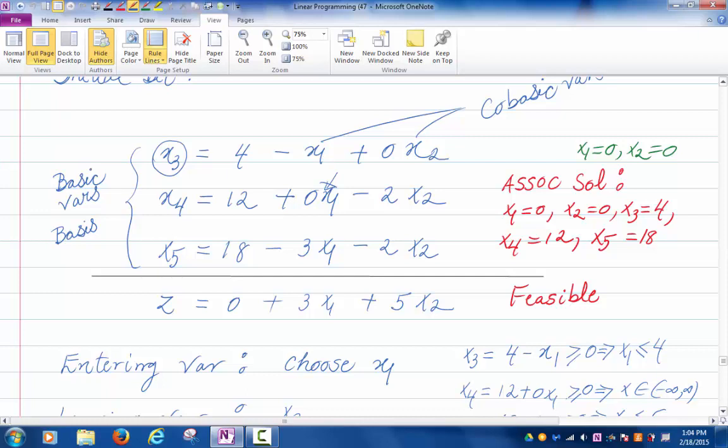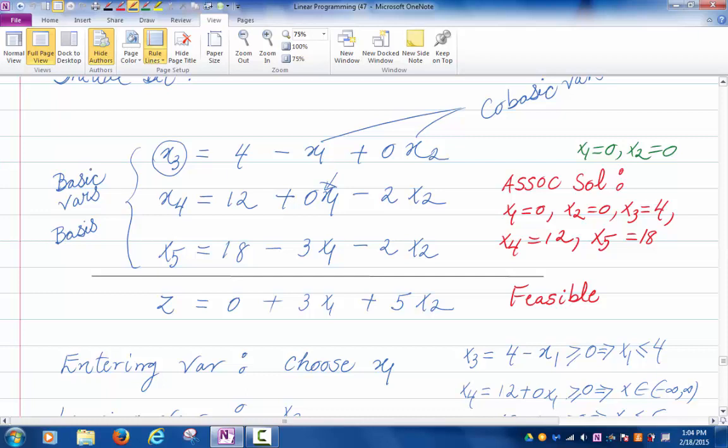Now, remember how we got from one dictionary to another? We have to identify an entering variable, identify a leaving variable, and then we do pivoting to rewrite our dictionary in terms of the new basic variables, right? So what are you changing each time? You are changing the basis, right? Basis means the collection of basic variables.